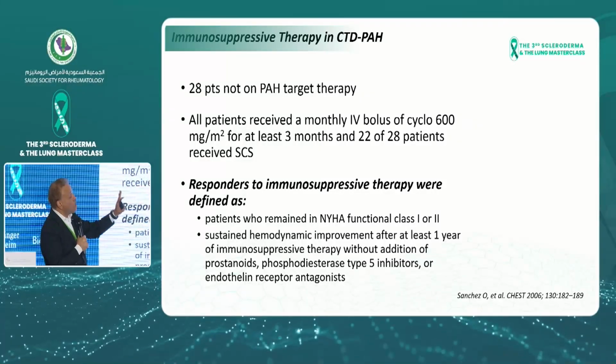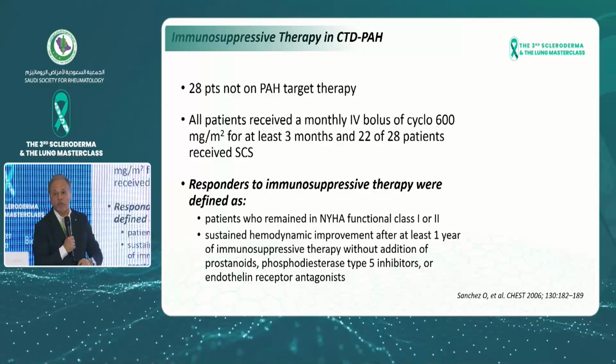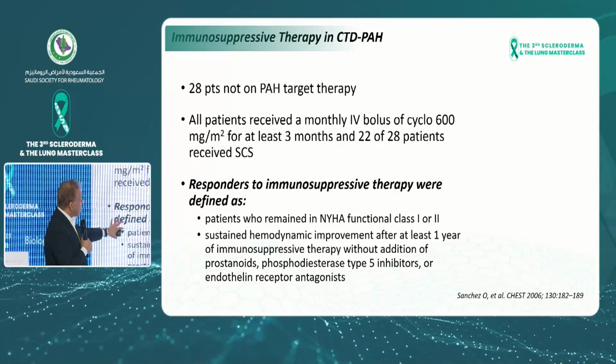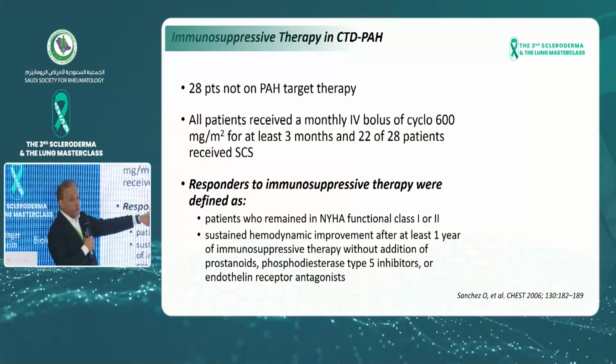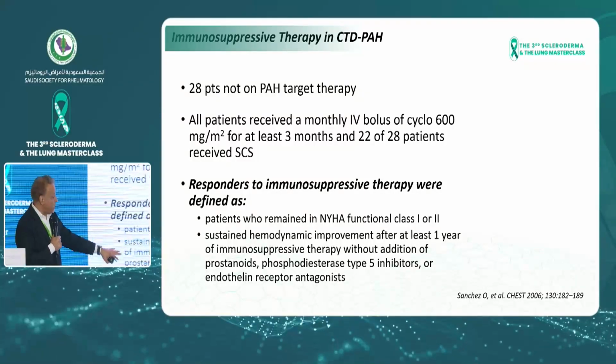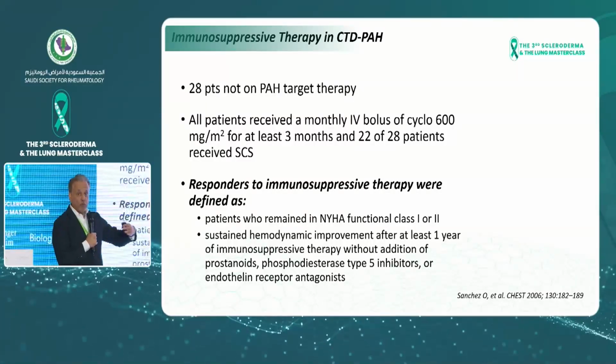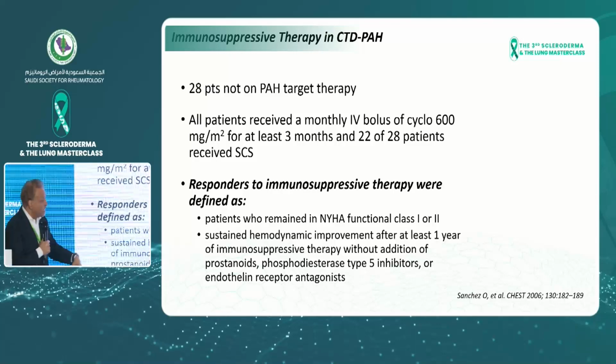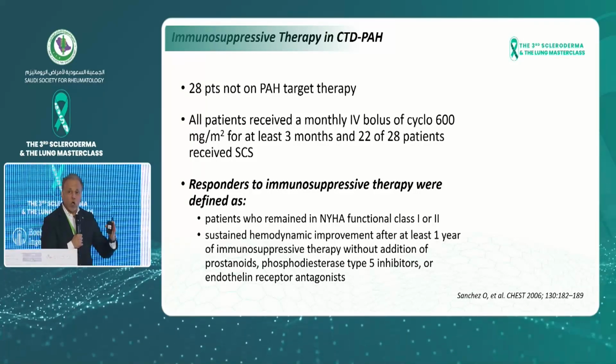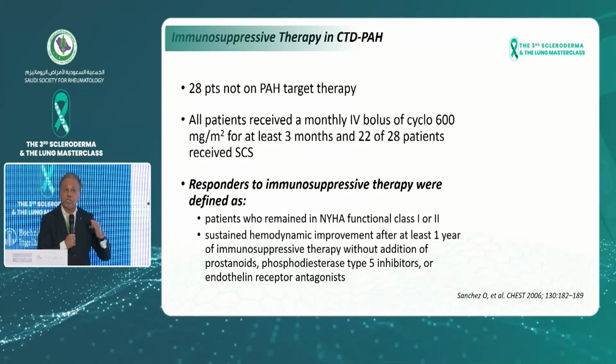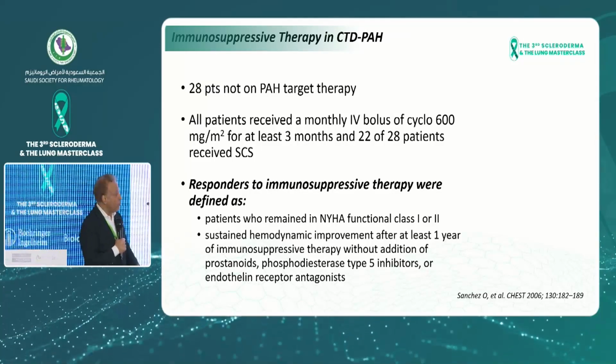Those patients were not on PH target treatment. They looked at those who responded to the immunosuppressive treatment based on criteria, including improvement in functional class and hemodynamic improvement with immunosuppressive treatment alone, not PH target therapy.